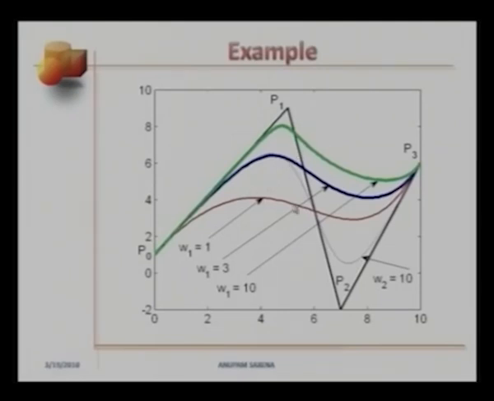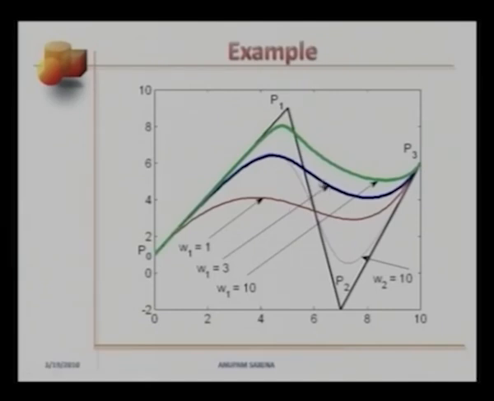This curve is a cubic Bezier curve when all the weights are set to 1. Let's try to play with the weight corresponding to this data point, which is W1. If I increase the weight W1 to 3, I get the blue segment here.